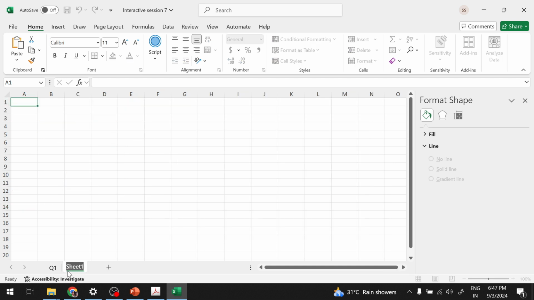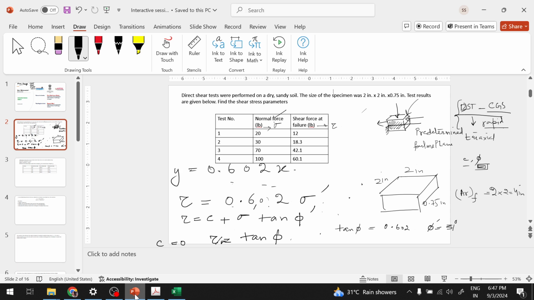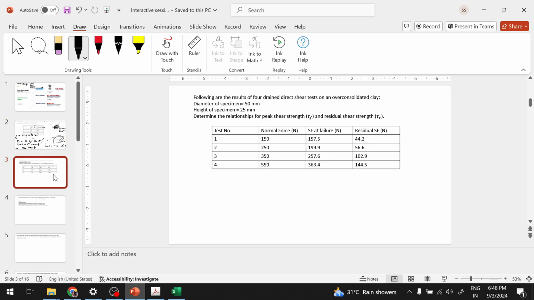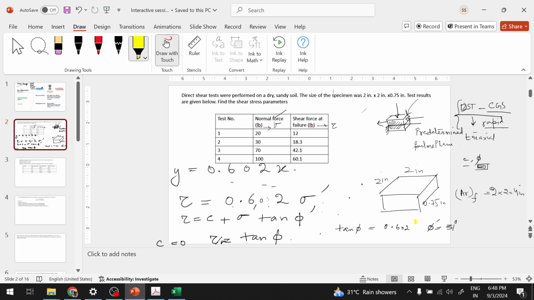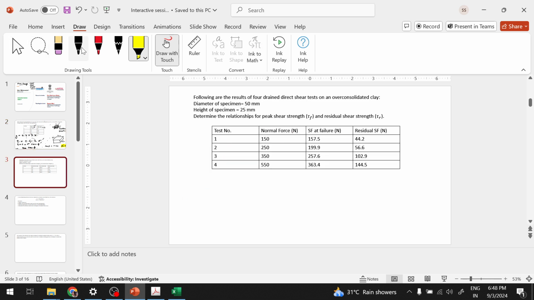So let's move on to question number 2. Let me highlight it here. This is the answer. Okay, so the next question. Following are the results of 4 drained direct shear tests of an overconsolidated clay. These are drained tests of OC clay.